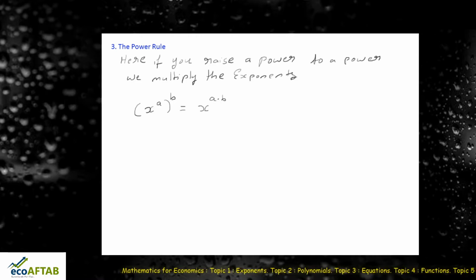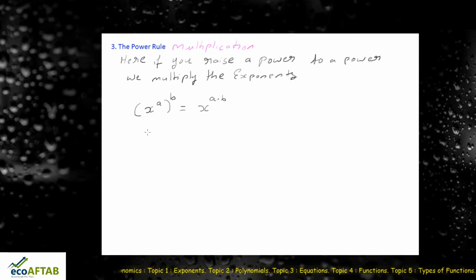So here we are making use of multiplication. You are multiplying the exponents. In product rule it was addition, in quotient rule it was subtraction, in power rule it is multiplication. So we can understand this thing.